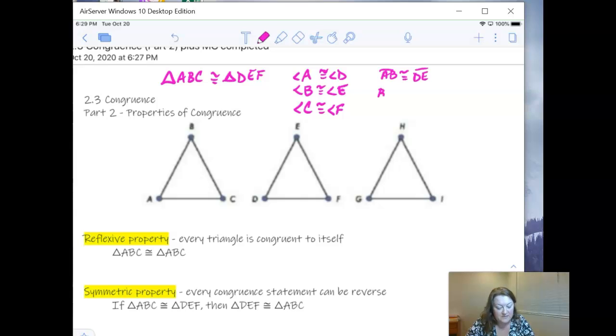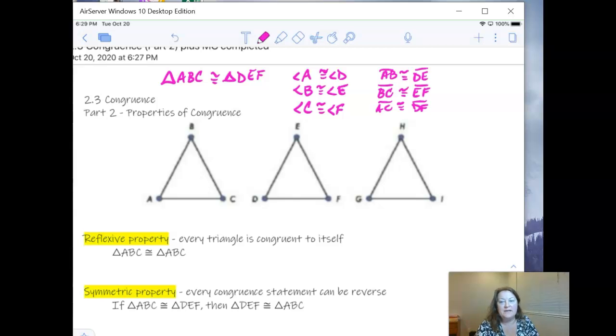We would know side BC is congruent to what? EF. And side AC or CA is congruent to which one? DF. Okay, so that's what we've learned so far, right?